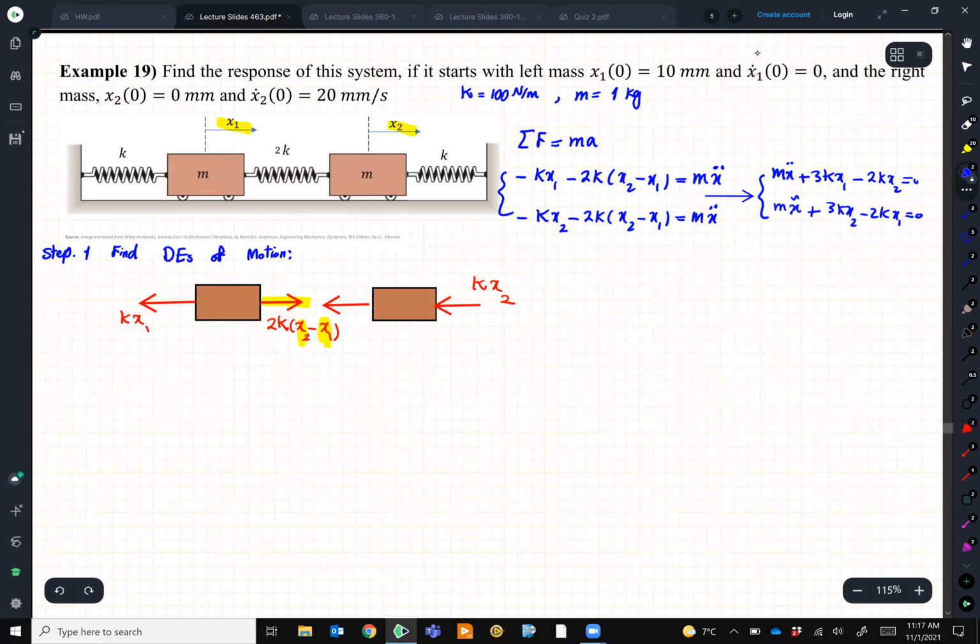Let's just make sure that I didn't make any calculation mistake. m x double dot, 2 and 1, 3 gives me that one, and minus 2, seems okay. Is it 2? Yeah, you're right, this is 2.